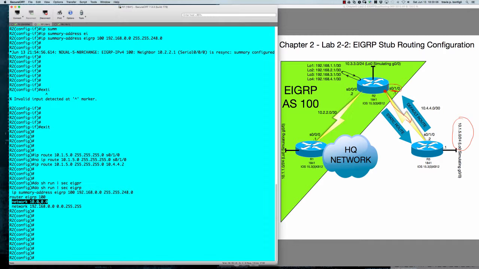It's not EIGRP doing anything weird or tricky. It's going to see that as a connected route, and originate that route.